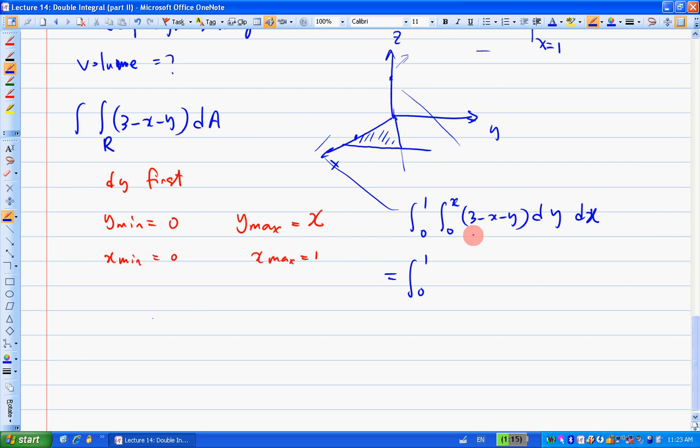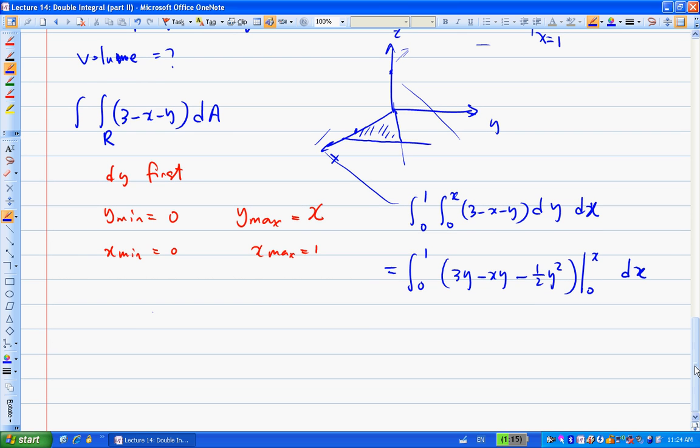So the middle one here, integration of 3y minus xy minus 1/2 y squared, from 0 to x. By the way, I also notice a couple of calculation points you missed.